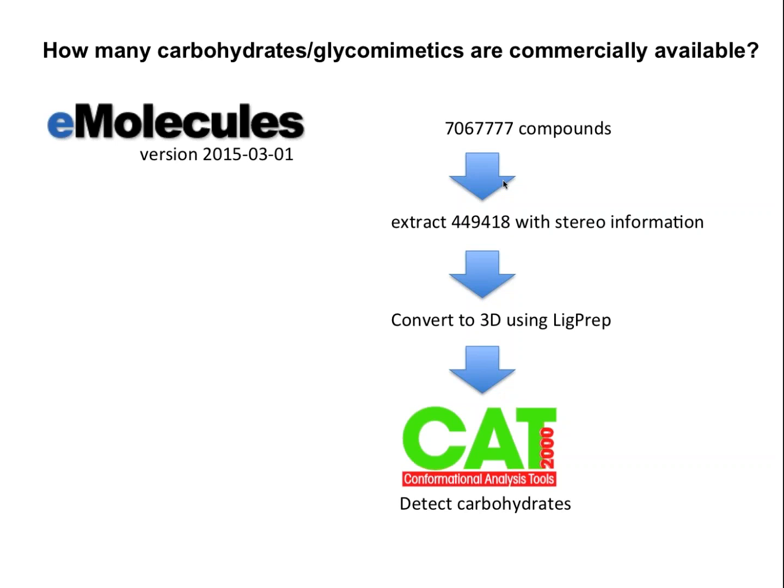Many of the compounds there have no stereo information, so even if they're carbohydrates, they are all the same. Glucose and galactose are the same in these catalogs, and it's not possible to distinguish between them. But if the stereo information is available, I can convert them into 3D and then use the CAT to detect the carbohydrates automatically.